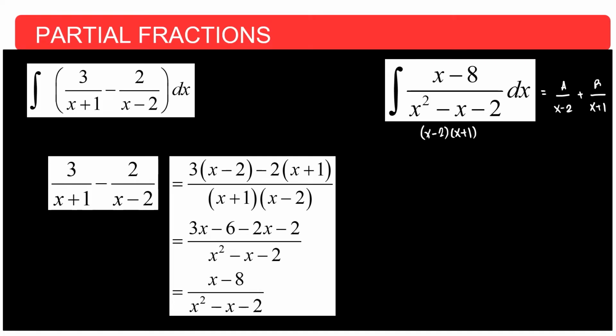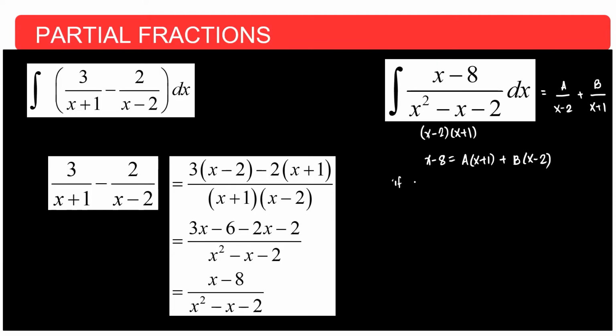So let's just say this is A, this is B. After multiplying everything by the LCD, I can say x minus 8 is simply A times x plus 1 plus B times x minus 2. Now you have two roots. The roots are x equals -1 and x equals 2.